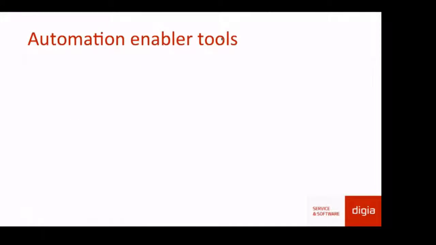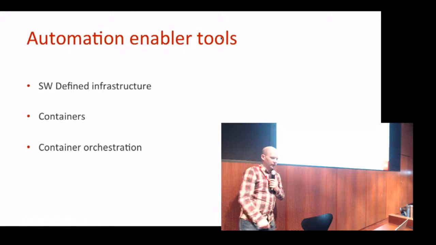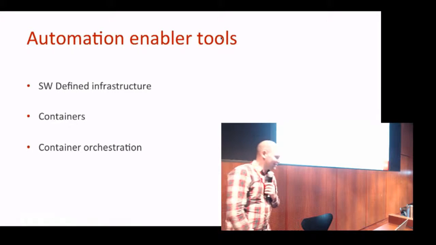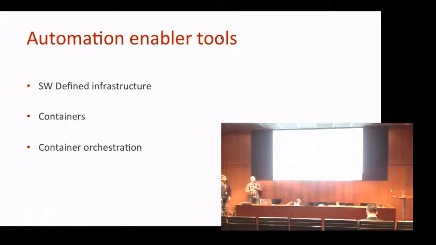So what we want to do is automate all these things. We want an environment where we can define the infrastructure as code. We also want to use containers, in this case Docker, to package our own software and applications so that we can just drop them in somewhere and they will run.